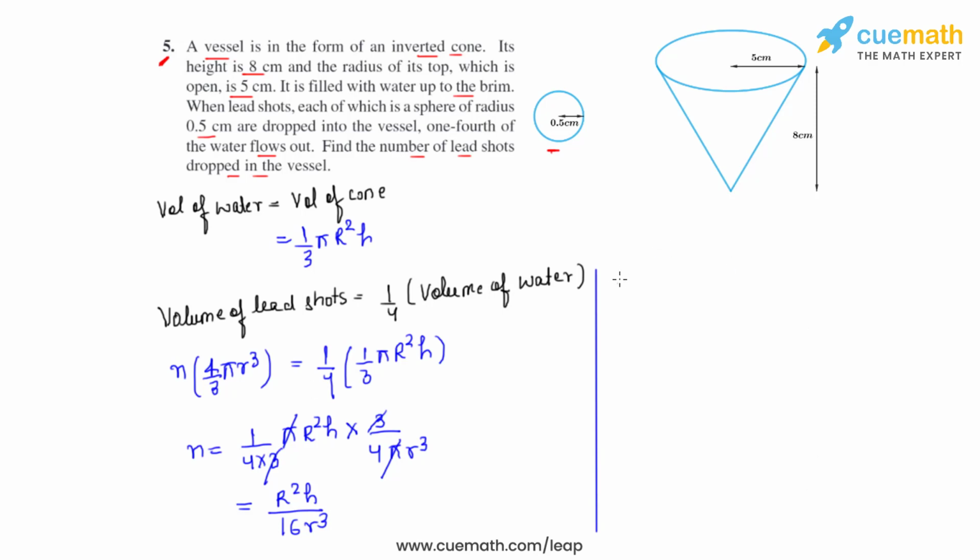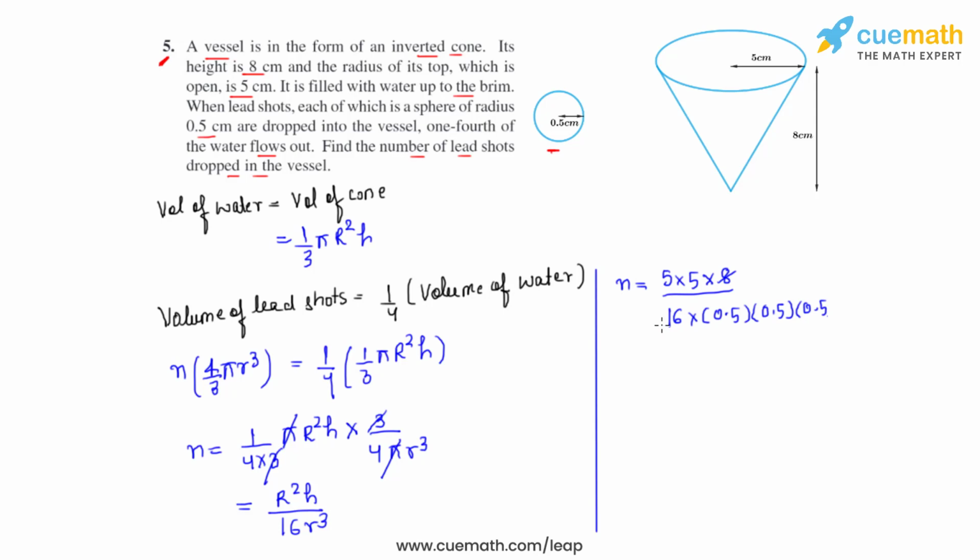Now that gives us that n equals R square, that is the capital R, 5 times 5, times h, which is 8, divided by 16 times 0.5 times 0.5 times 0.5.